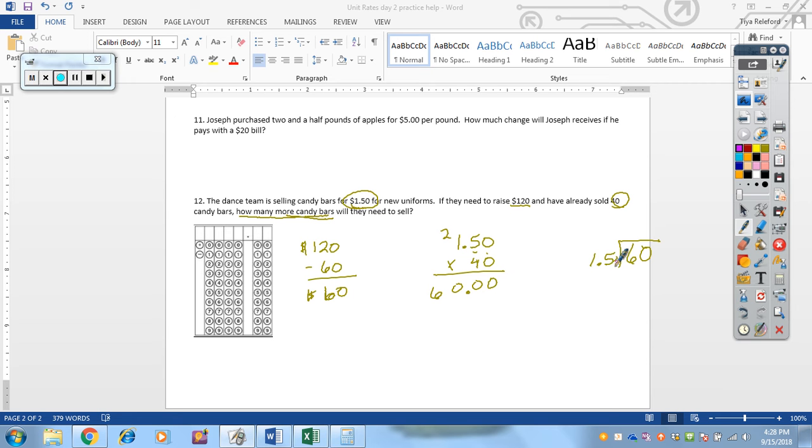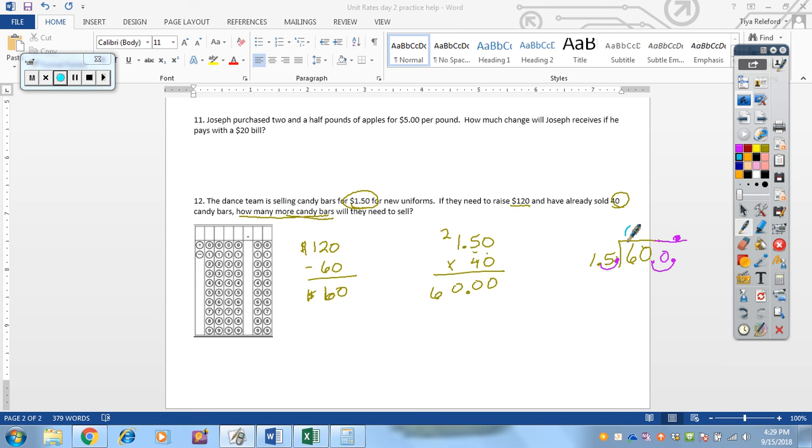Step 1, when dividing, you're going to move your decimal on both sides. Outside and then inside. And then put that decimal straight up. I have 3 numbers inside my box. You might have more. But however many I have on the inside need to be on the outside too.